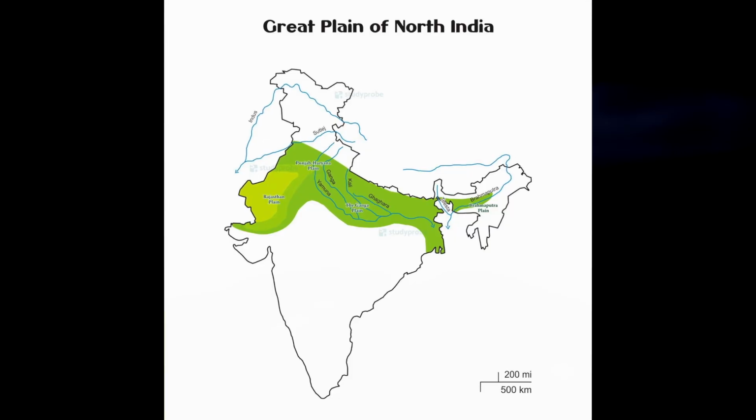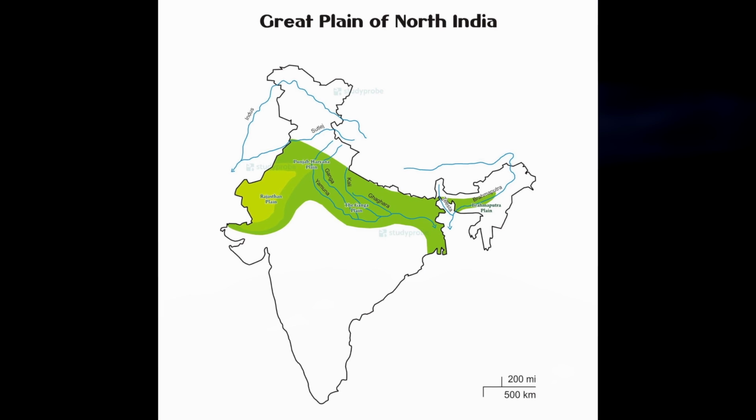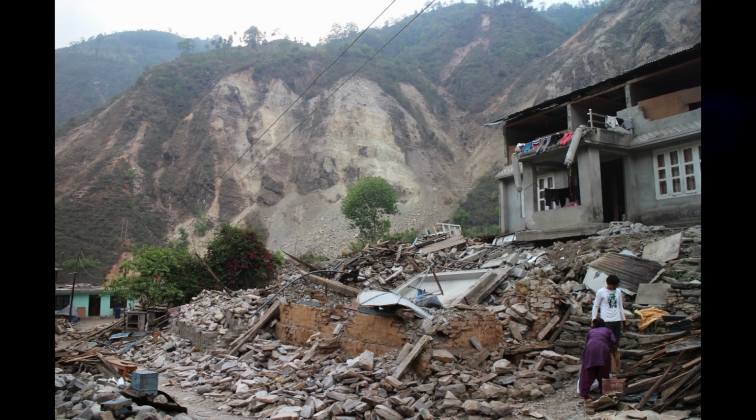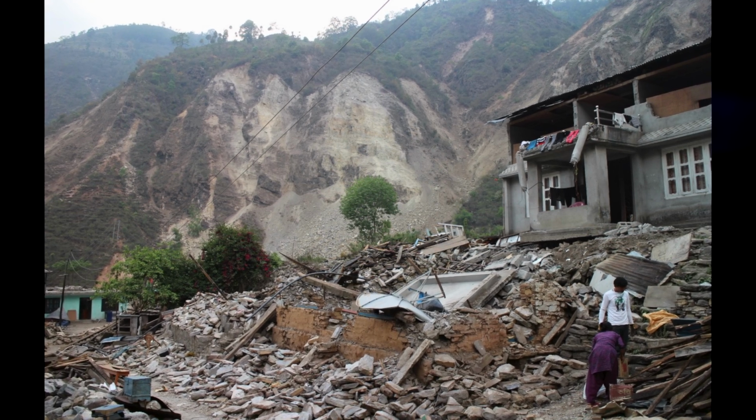Based on the spatial distribution of earthquakes in India, it is seen that earthquakes in India are mostly located in the Himalayan mountain belt. The Indo-Gangetic plains, which are located at the foothills of the Himalayan region, are mostly affected by the earthquakes originating in the Himalayan region.